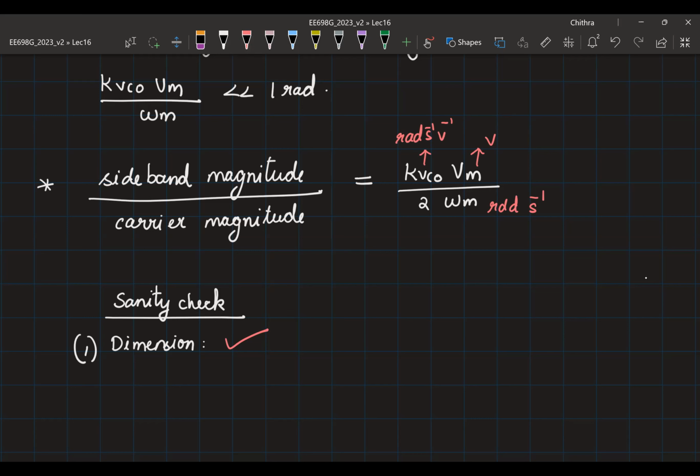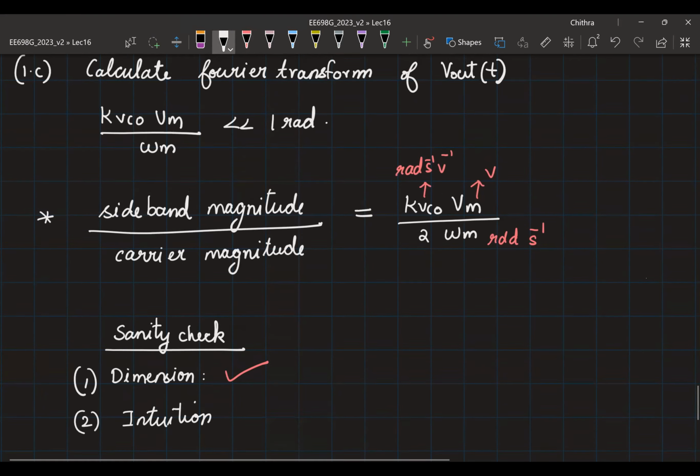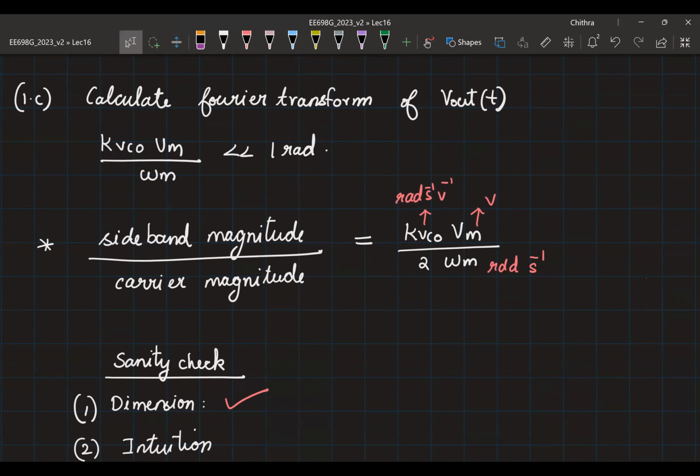Now, does this make sense intuitively? No, the dimensionless part is fine. I was asking if this expression makes sense to you, intuition. Is there some intuition or is it just some expression? Like what happens if your KVCO or Vm goes to 0?